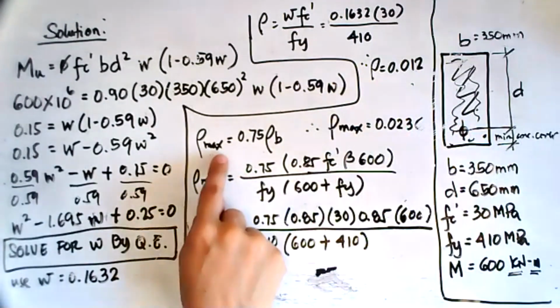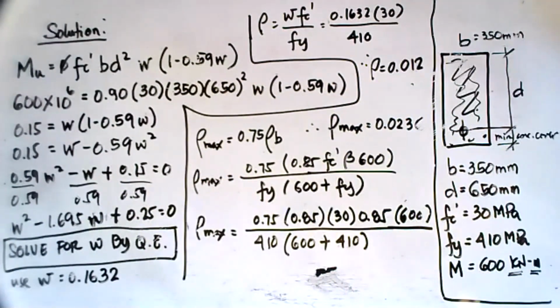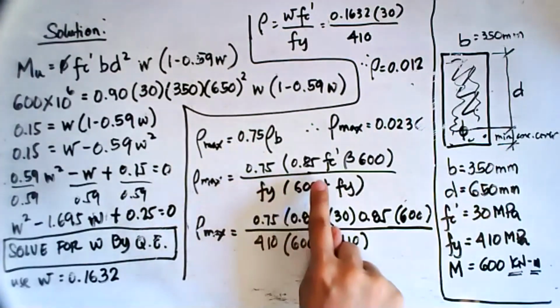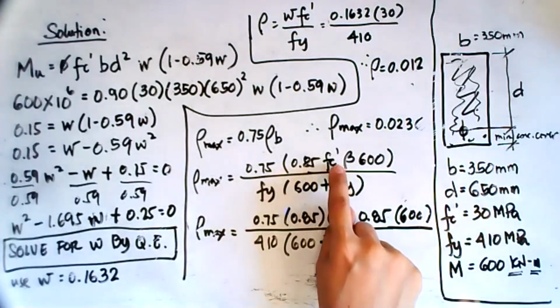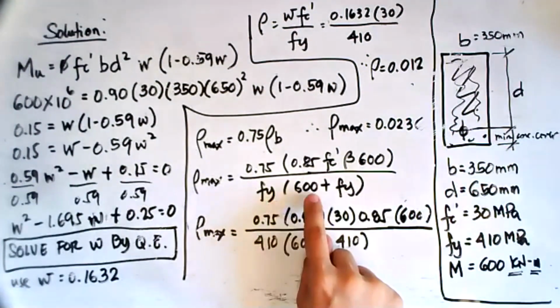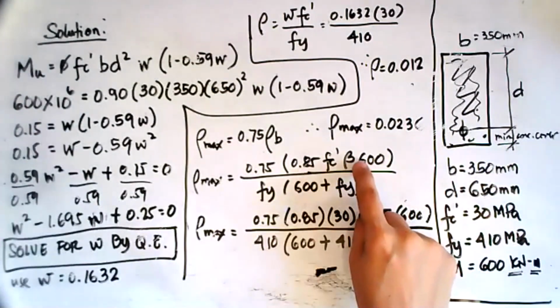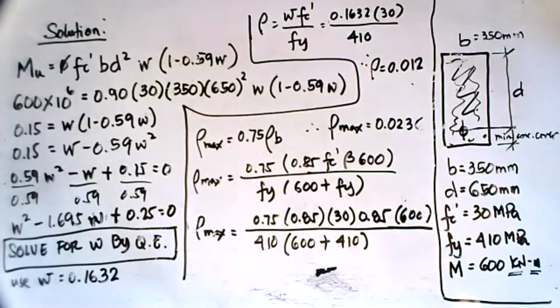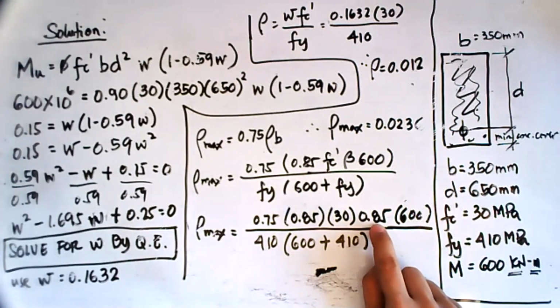The maximum requirement for the steel concrete ratio is 75% of the balanced steel concrete ratio. So 75% of the balanced steel concrete ratio is 75% of 0.85 Fc prime beta 600 over Fy times (600 plus Fy), wherein the value of beta is dependent on the value of Fc prime. In this case, because Fc prime is 30 megapascal, the value of beta is 0.85.